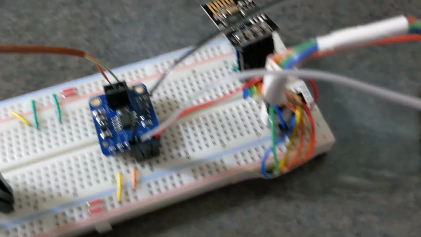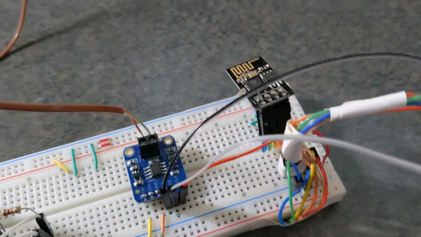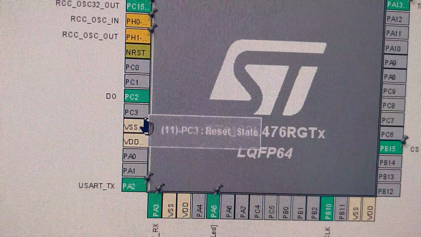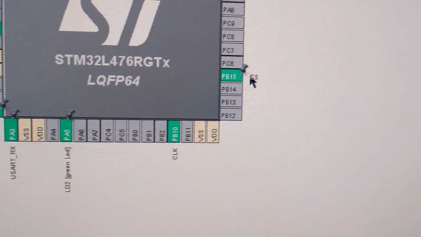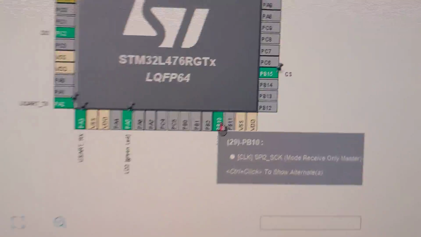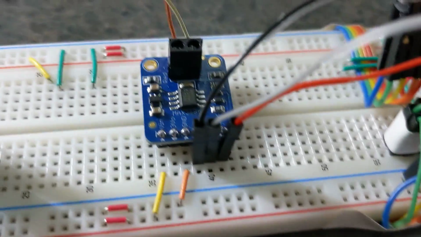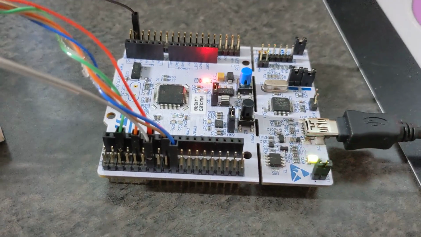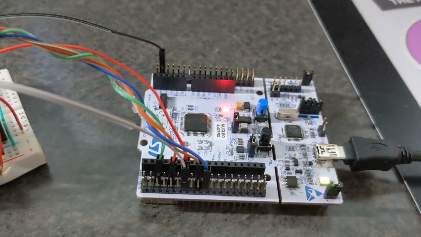Going to our IOC, we can see that our black pin, which is our DO, will be connected to PC2. CS has to be connected to PB15, clock to PB10, and then that coincides with our microcontroller wiring.